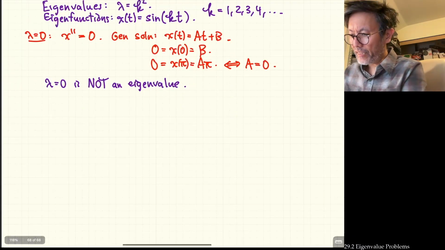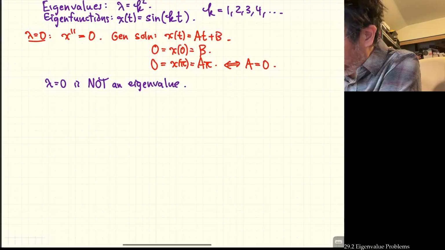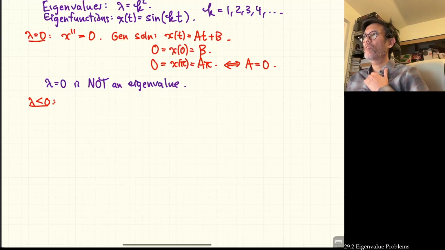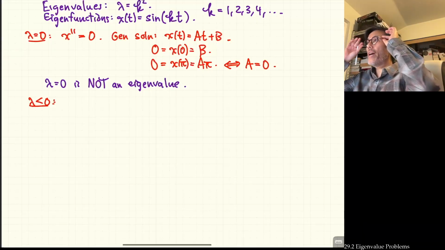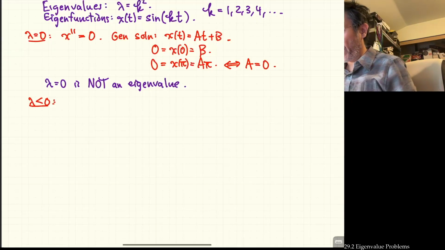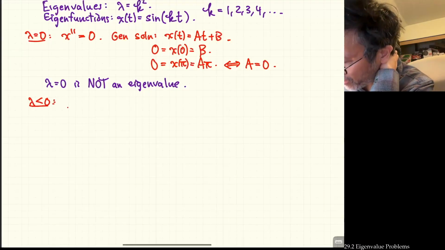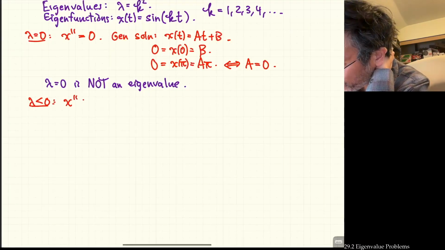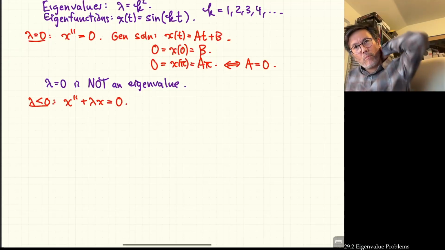Last case is when lambda is negative. So what happens if lambda is negative? We get x double prime plus lambda x, I'm just rewriting the differential equation.